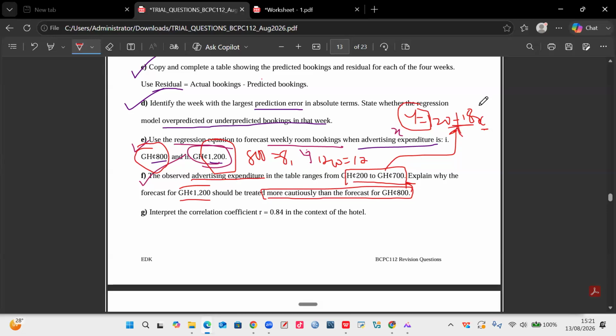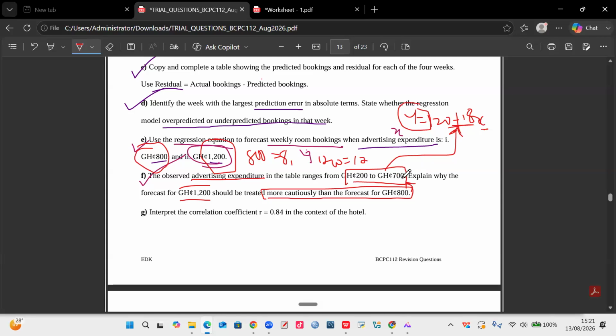Therefore, values between 200 and 700 will give a proper picture of the weekly hotel bookings to make a decision.